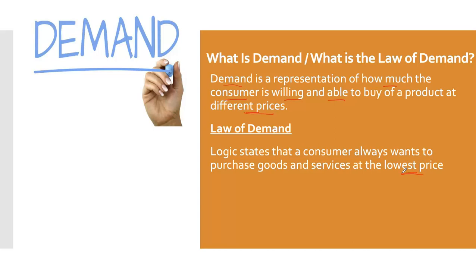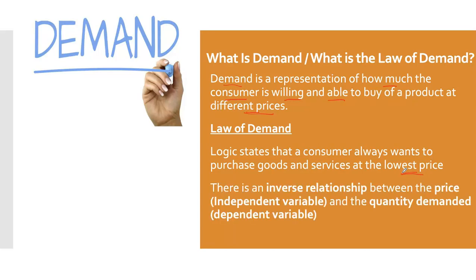Just like when you go into a store, you want to find the lowest price possible for the thing that you want to purchase. Bringing some technical terms into it, we can start to say there is an inverse relationship between price, the independent variable, and quantity demanded, the dependent variable.